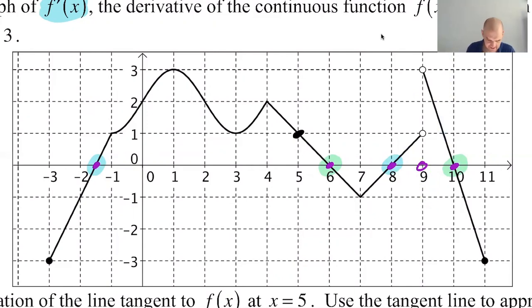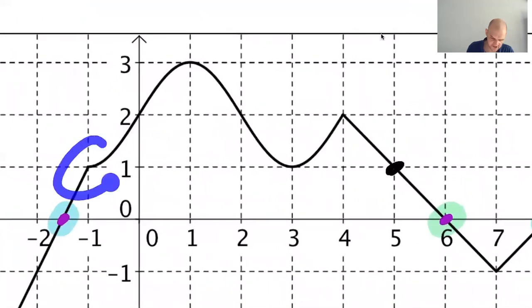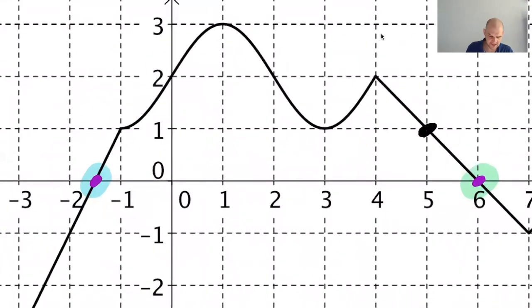So I'm going to list all the ones that occur at relative extrema. I'll put a point in red. So this is an interesting point right here, but it's not a point of inflection. It's not a relative extrema. This is where f prime is not differentiable, right?